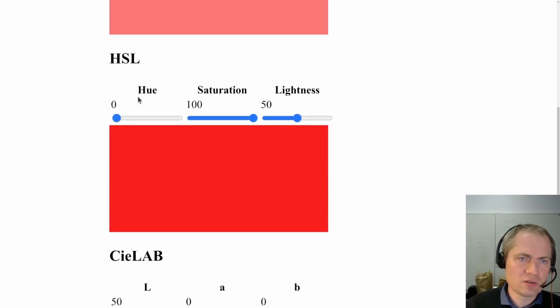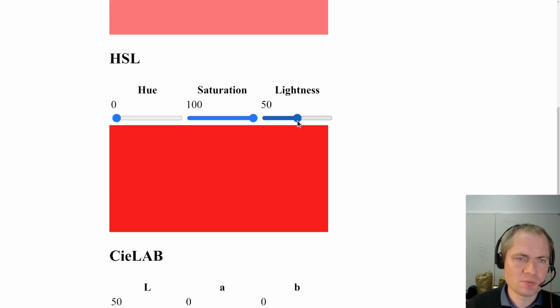The HSL, hue, saturation, and lightness color space is a bit different in that matter, because if I want to select different families of red, I can select the hue to be red by putting it here on 0. And then I can actually choose different kinds of saturation of the red color, and also I can vary the lightness here.